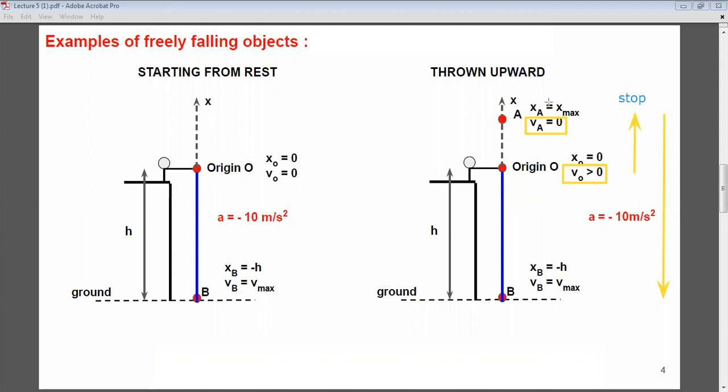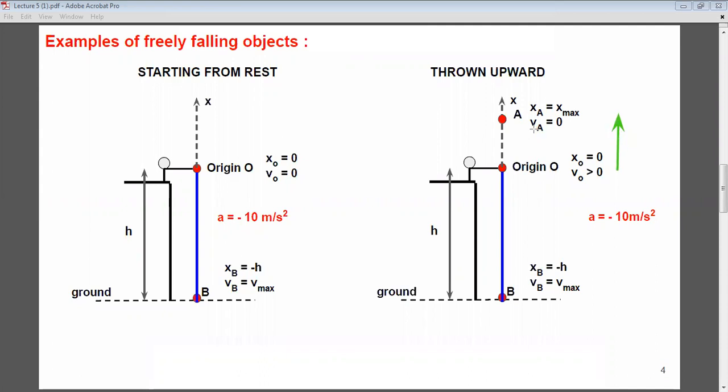So what happens when I throw an object upward? Let me do this in new drawings. It will go up, up, up, okay, until it stops.